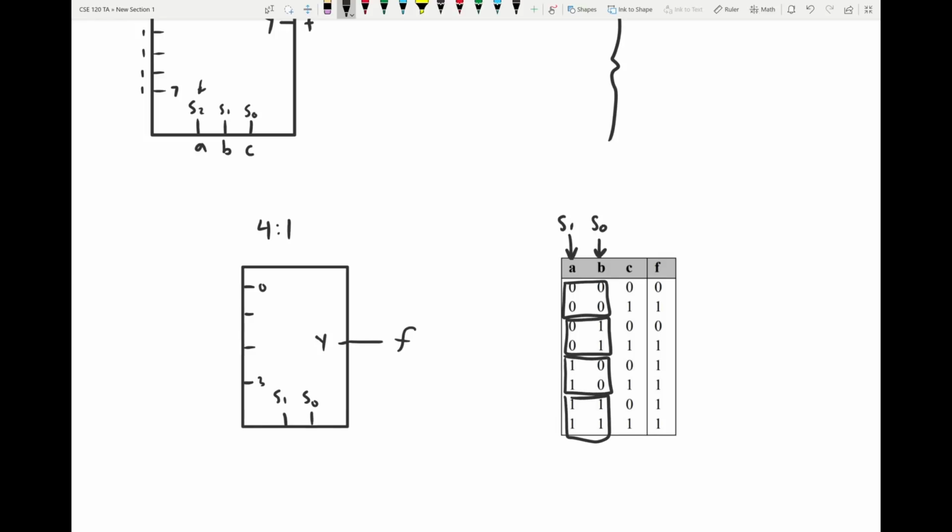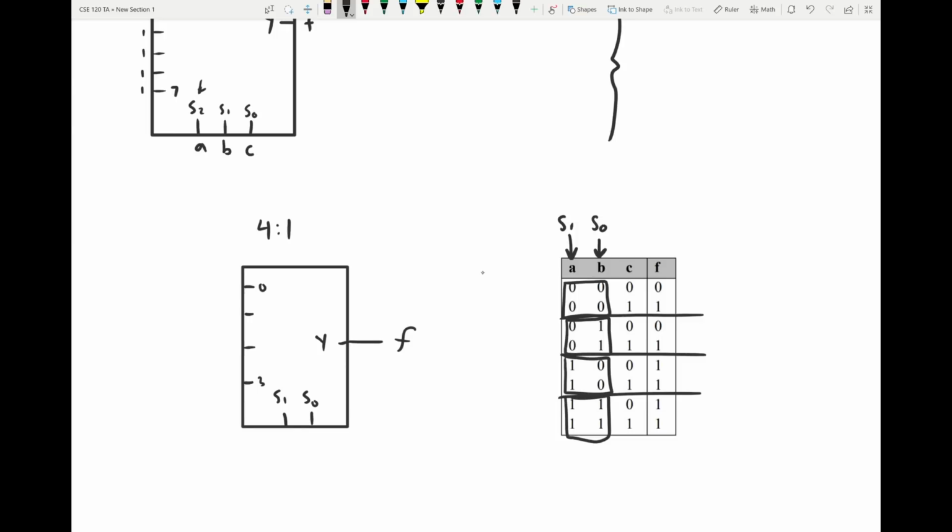You notice in all 4 boxes I've chosen, S1 and S0, or A and B, are the same the entire time. So with this in mind, we can group the truth table into 4 parts, which is great because we have four options here.